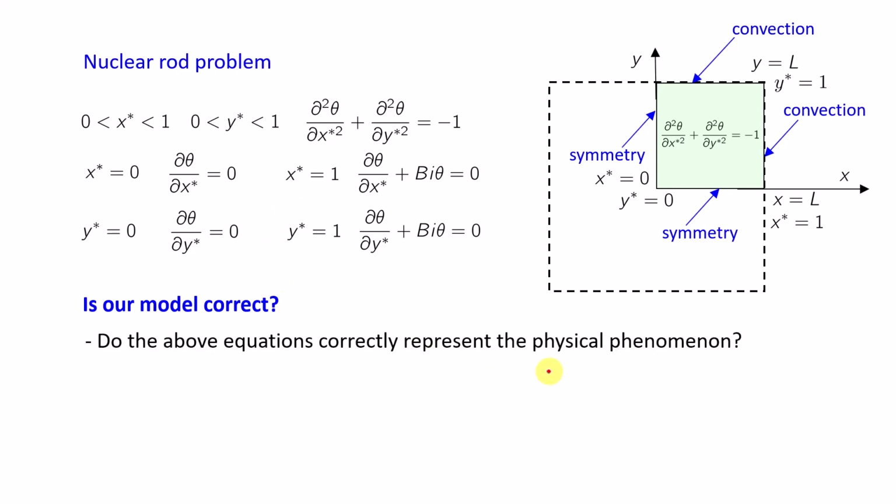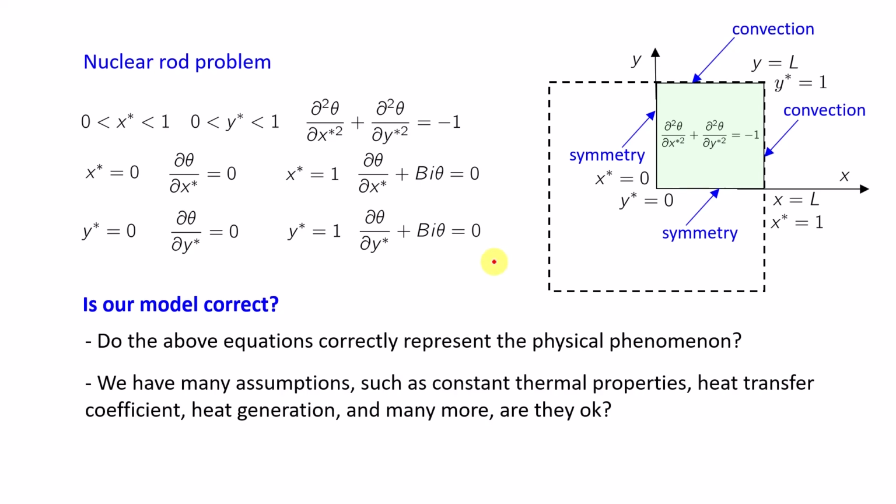Does it correctly represent the physical phenomena we are interested in? We are not interested in everything about the nuclear rod. The nuclear rod may develop a thermal stress inside, but we are not modeling for that.